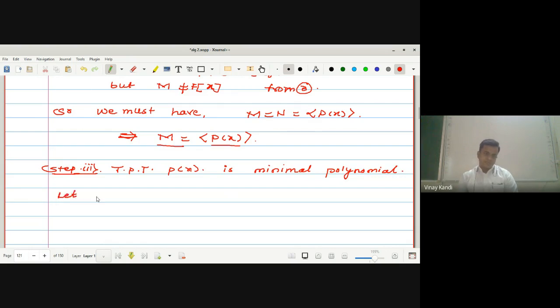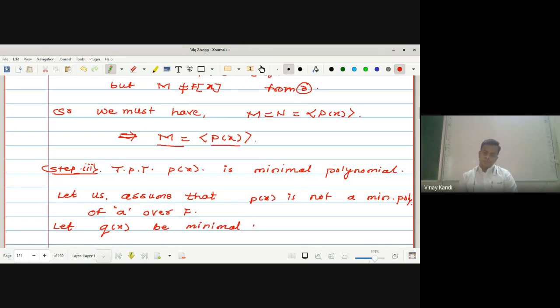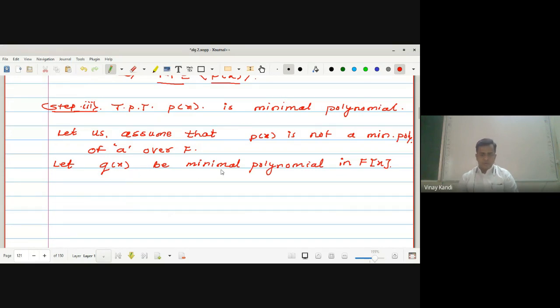Okay, let us assume that P of x is not a minimal polynomial of a over capital F. Let Q of x be the minimal polynomial in capital F of x of degree lower than that of P of x.